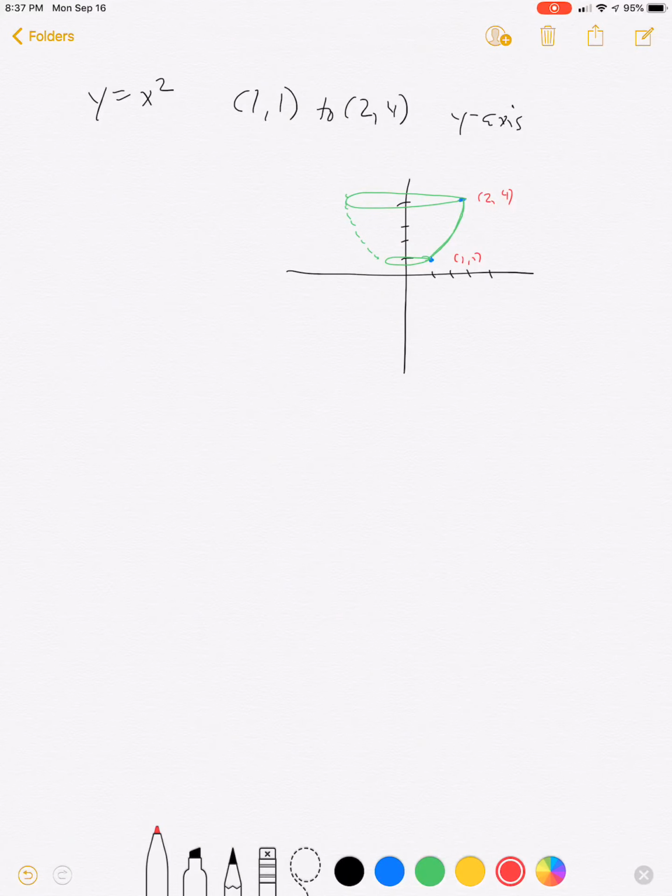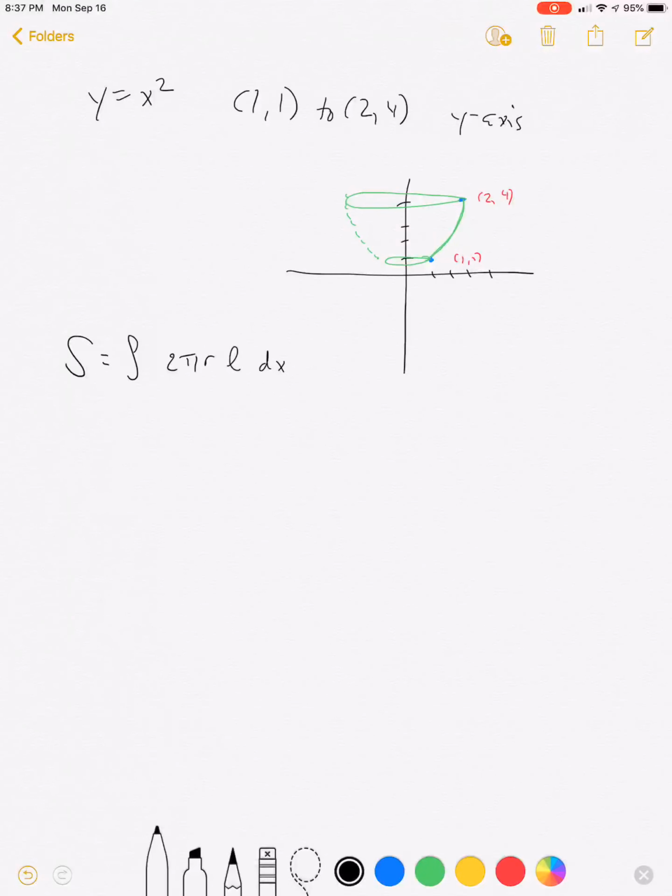All right, so if we remember, the surface area is going to be an integral of 2 pi r times L dx.